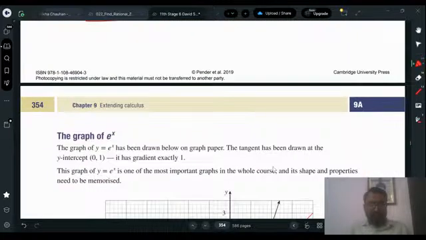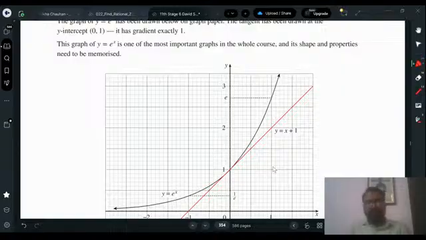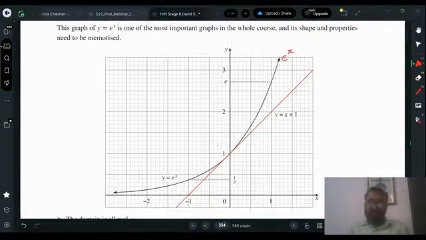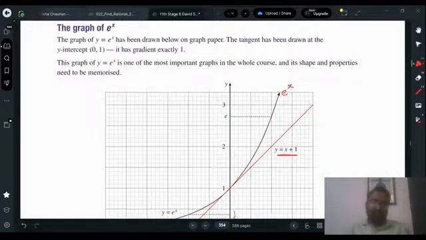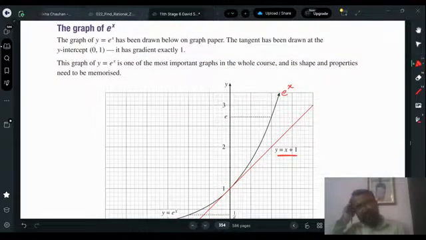Clear? Next, this is the graph of e power x. Yesterday in the last class we saw e power x, e power minus x, minus e power x, minus e power minus x. There are several graphs we have seen. And this is x plus 1, another line. The graph of y is equal to e power x has been drawn, and the tangent has been drawn at the y-intercept (0, 1).